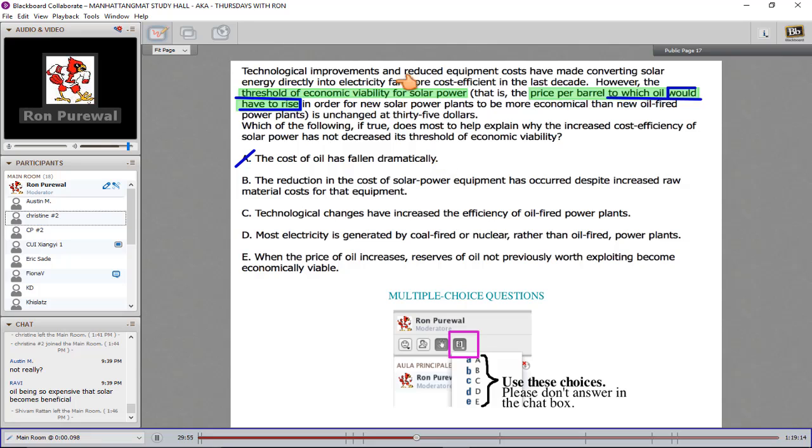But what you have here is, oil prices fluctuate a lot, right? Even if you don't know the economics of that, you probably know that the price of oil is constantly changing, whereas the price of sunshine is not. With solar power, you have technology, and then you have sunshine, which is free.